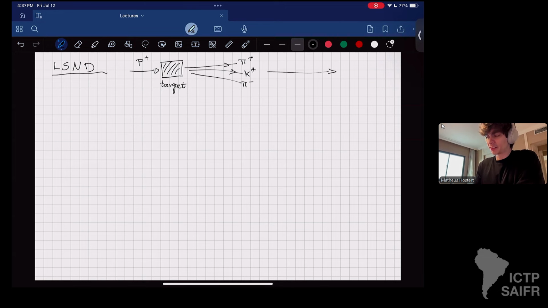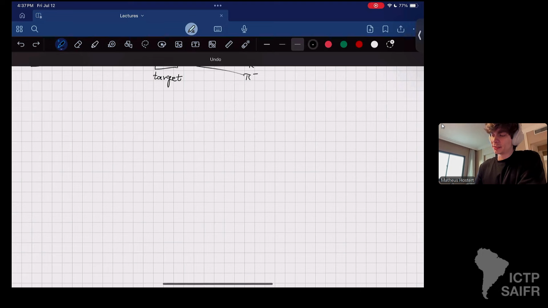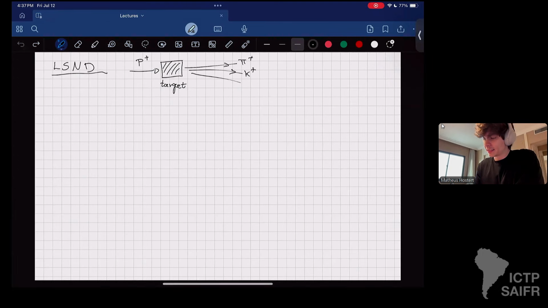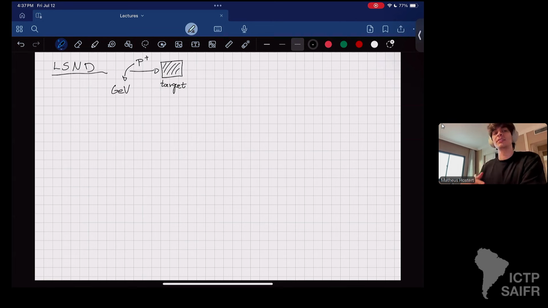And those would decay to neutrinos. But now, in the current scenario, for these LSND-like experiments, they're called spallation sources and pion decay at rest sources. And the typical proton energies that they're dealing with are of order GeV rather than, for example, 10 GeV or 30 GeV or 100 GeV.